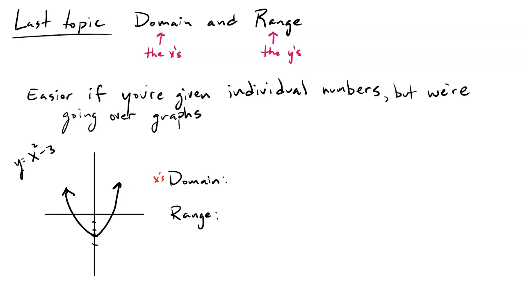These arrows mean that my graph goes up forever and out forever. Every single x value has a point above or below it. Because those arrows are there, it goes everywhere, so the domain is all real numbers.